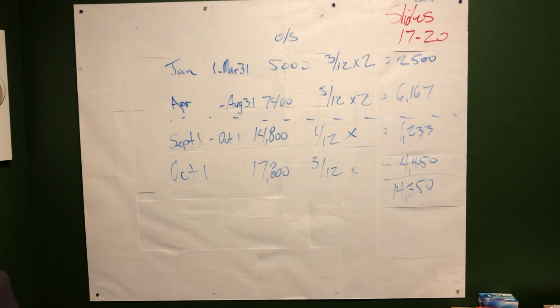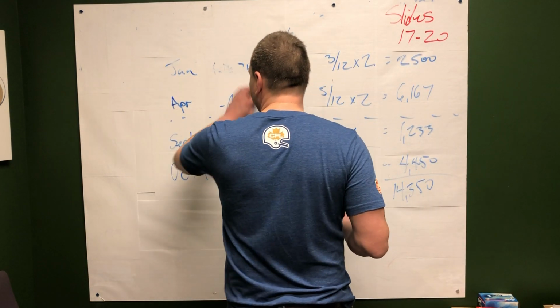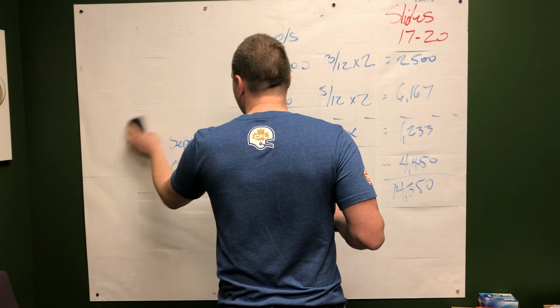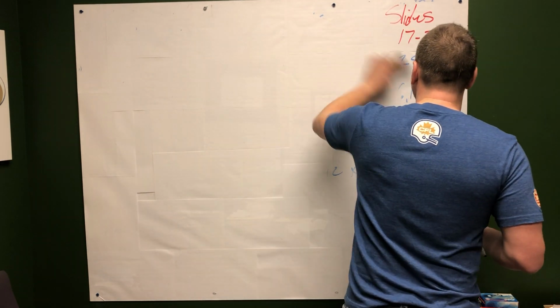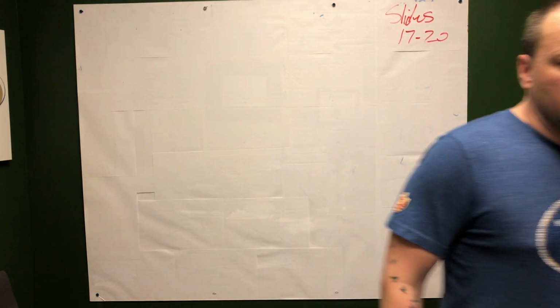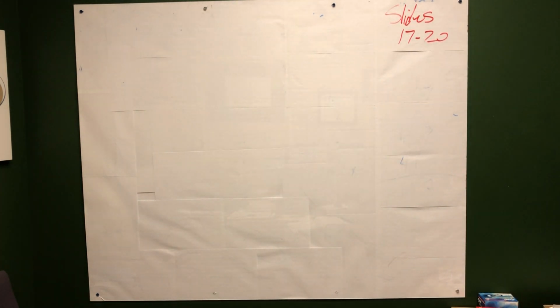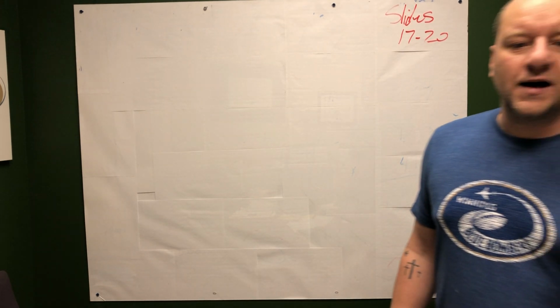All right, just a couple more things. One more slide. Multiple classes of shares. We might have Class A common shares, Class B common shares. Each might be entitled to a different dividend, maybe, maybe not.